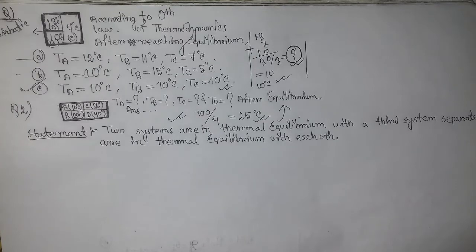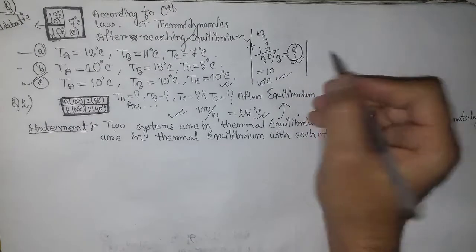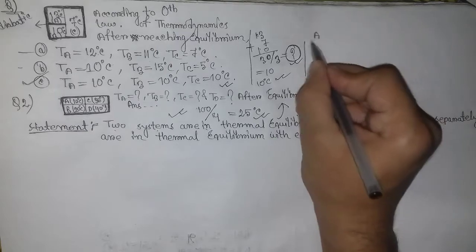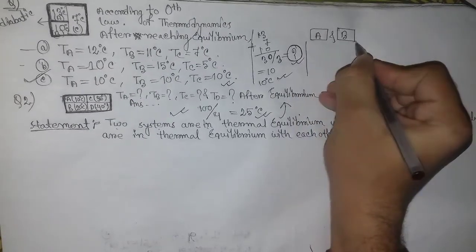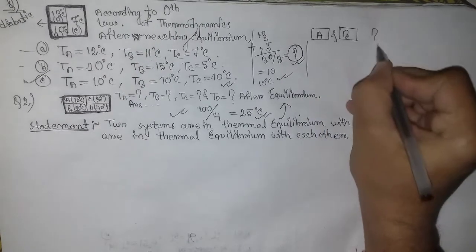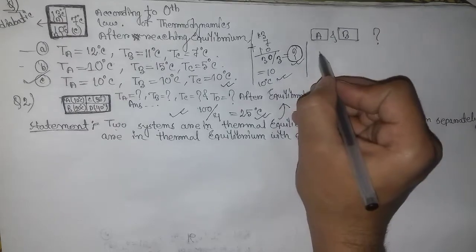Here we are saying that the temperature of all the bodies becomes the same after achieving equilibrium. But before the Zeroth law, there was no such thing as temperature. That means if I am saying that system A and system B are in thermal equilibrium, then what is the thing that is equal in both of these systems?